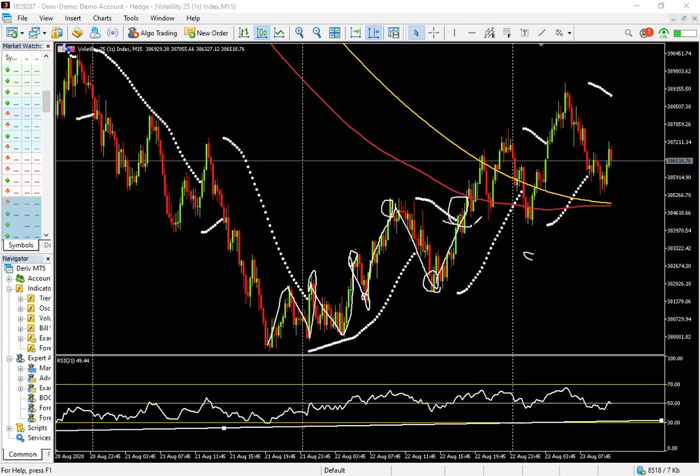You could have bought here, put your stop loss there, then your TP at the nearest previous level of support or resistance here. So actually your TP could have been hit on this first move, or break even on the second move, then buy again.